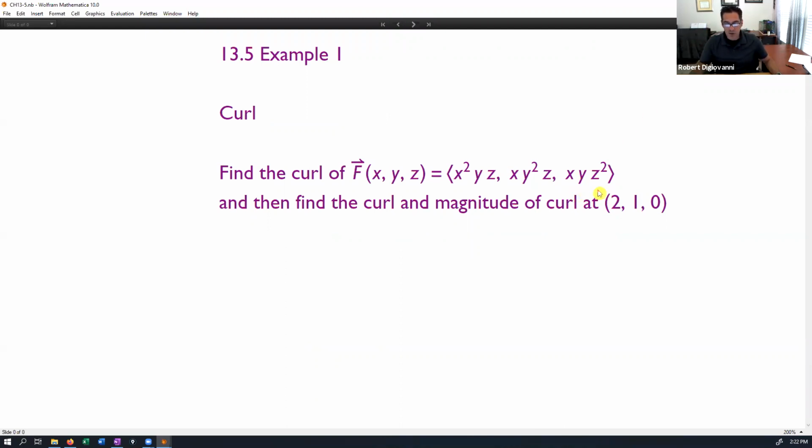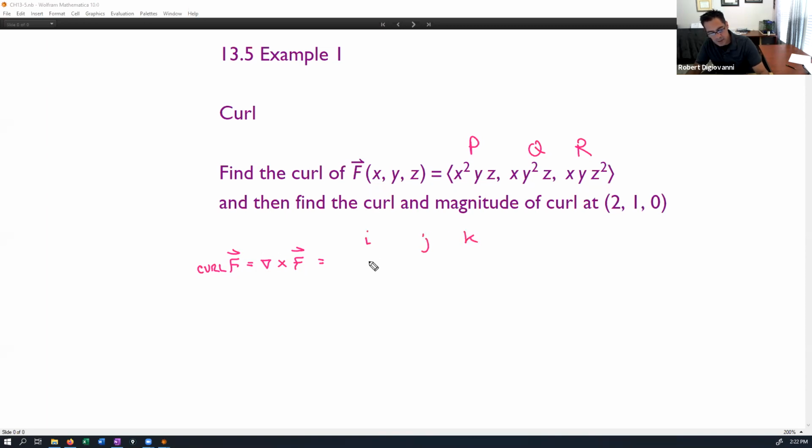Find the curl of this vector field. So we have a vector, this is P, this is Q, this is R. If I want to do the curl of F, I need to take the differential operator and cross it with the field, which means I'm going to do the determinant of this i, j, k.